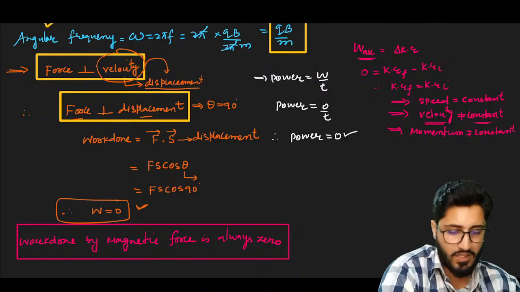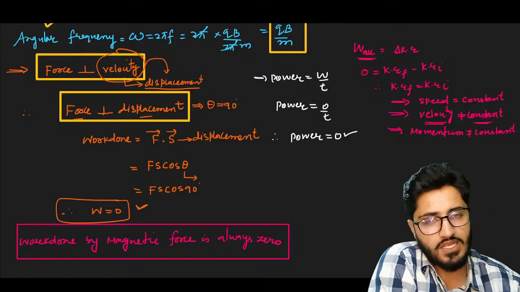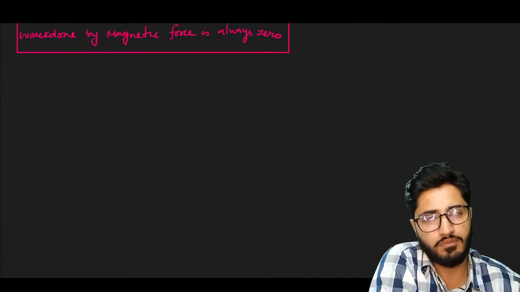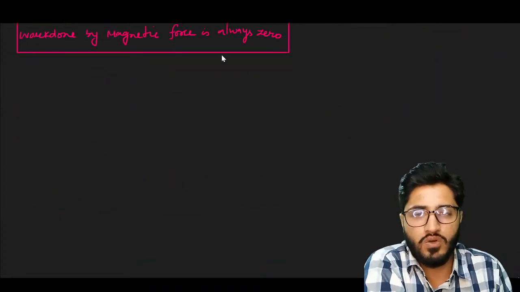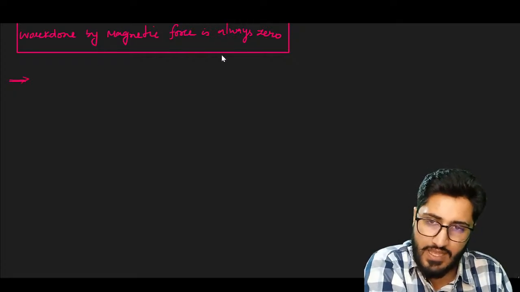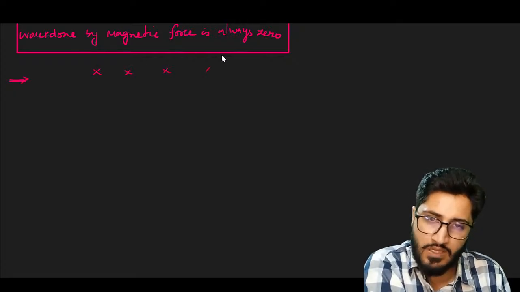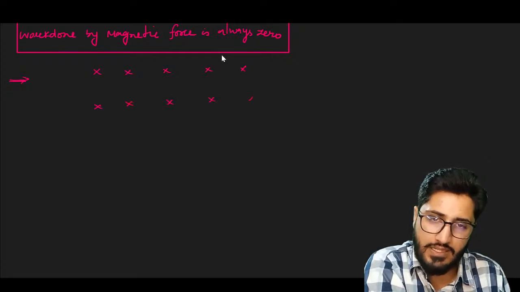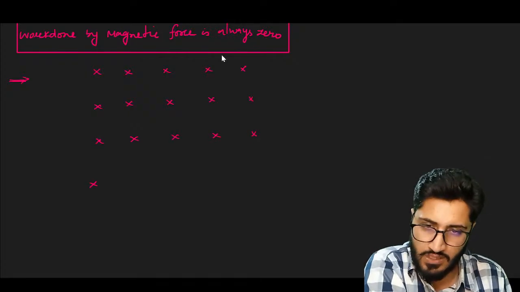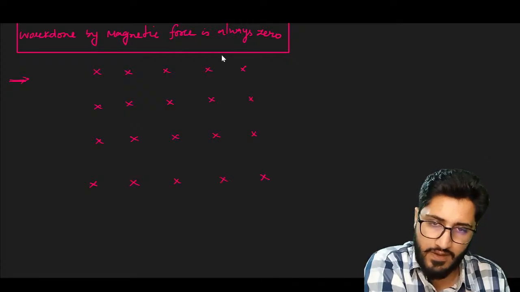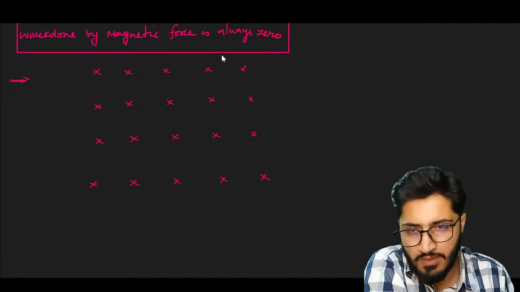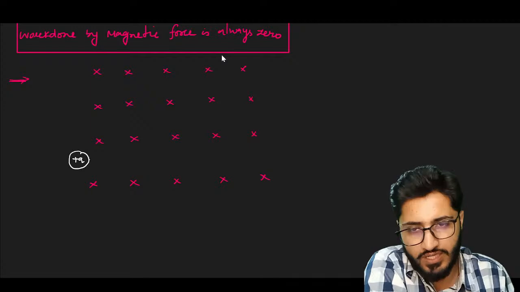Okay. Done. So let us think about some situations. Let us suppose we have a magnetic field like this, this one is my magnetic field, and my charged particle plus q is here, and we project the charged particle inside my magnetic field.